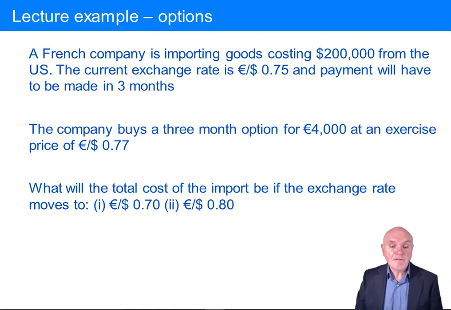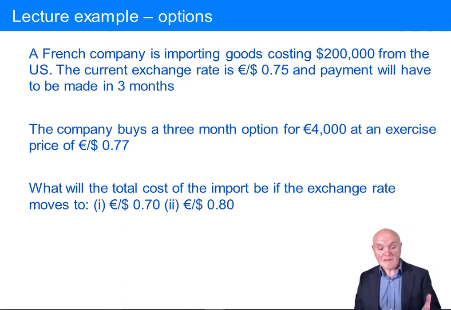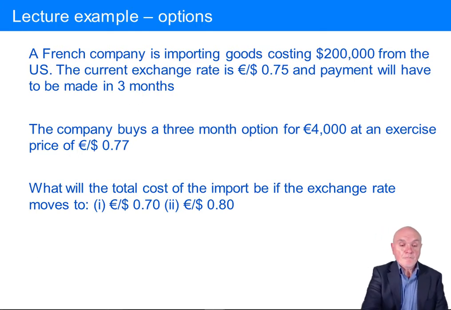And the company buys a 3-month option for 4,000 at what's called an exercise price of 0.77 euros per dollar.